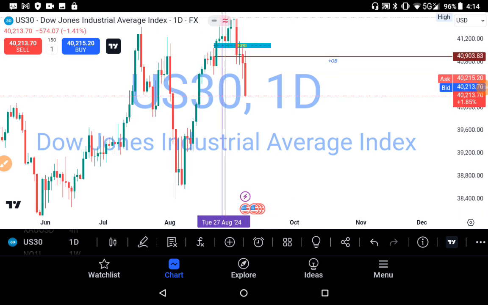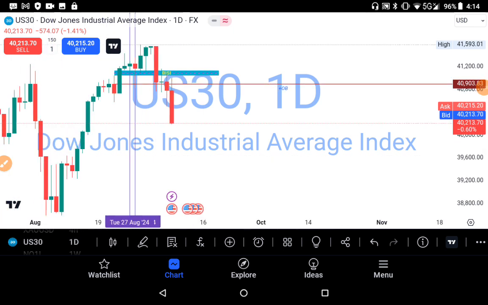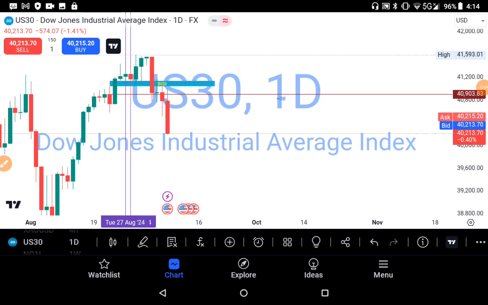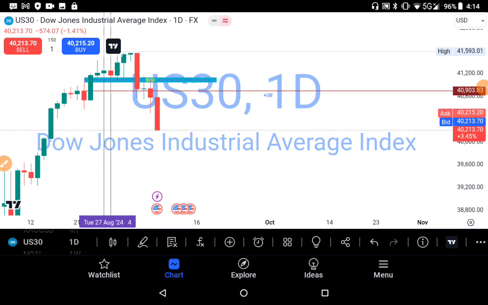but instead we went through, because this was what happened during the week. We take out this other block here, then the market reacts to the BC here.